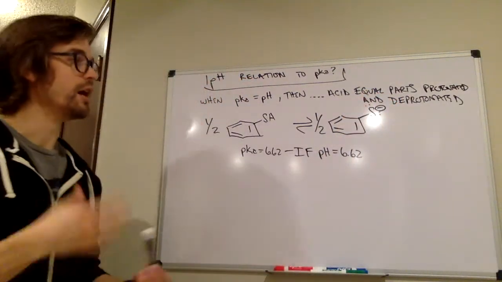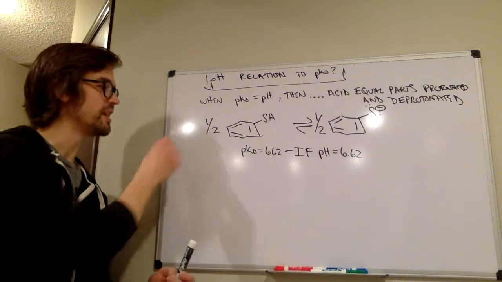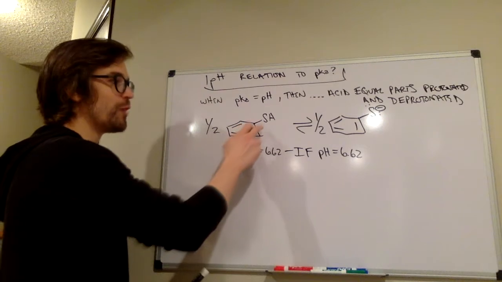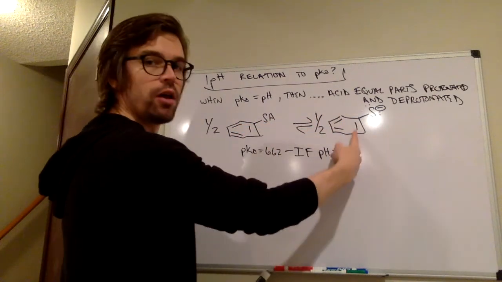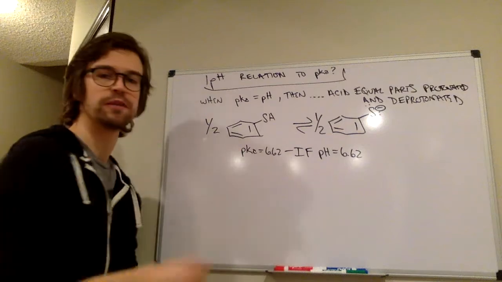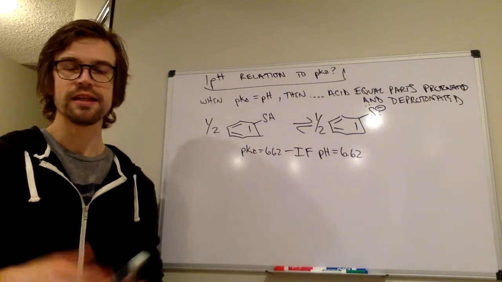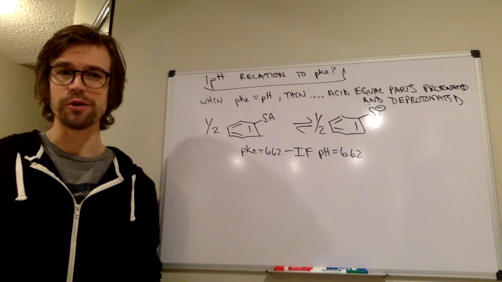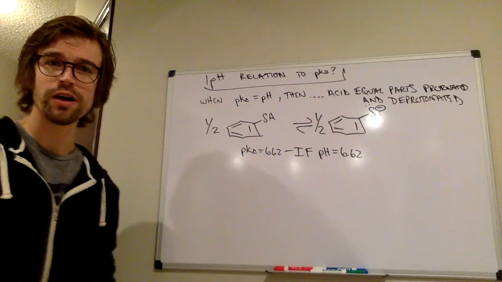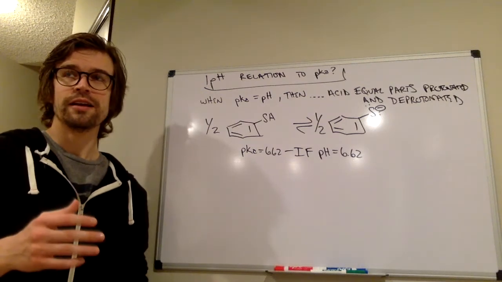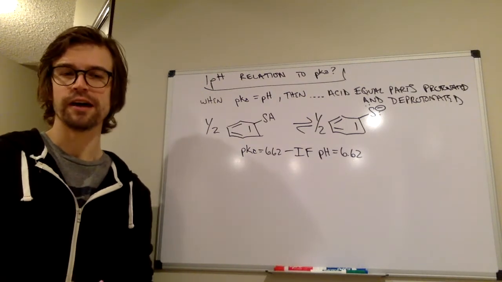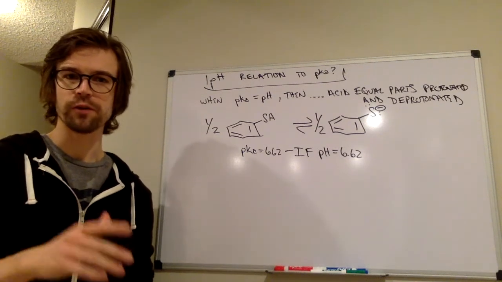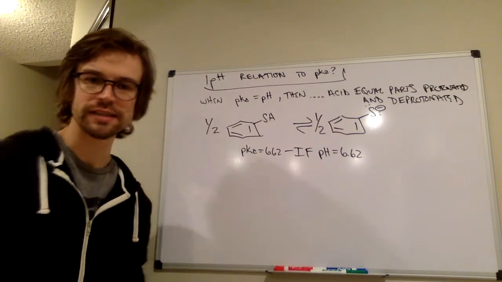So there would be just enough OH minus around to halfway deprotonate this, and there'd be 50% of the molecules that looked like the conjugate base and 50% looking like the acid. So how does this impact protonation and all of those things? Let's see what happens to an amino acid, which is a molecule I'm going to introduce in a minute, when we change pH. That'll be in 1 second.